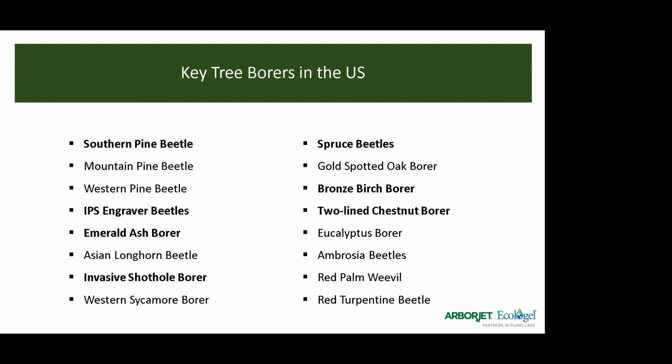Many times they will introduce diseases to the tree, which we talked about earlier. These are insect vector diseases, and so they add additional pressure. We'll be talking today about southern pine beetle, Ips engraver beetles, emerald ash borer, invasive shot-hole borer, spruce beetles, bronze birch borer, and two-line chestnut borer. But these are some of the major ones in the country that we are able to help you with.